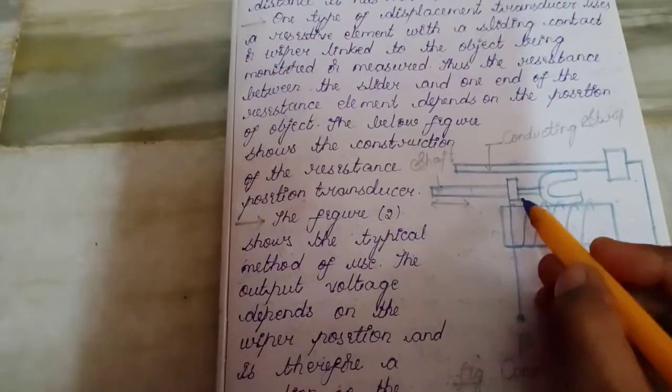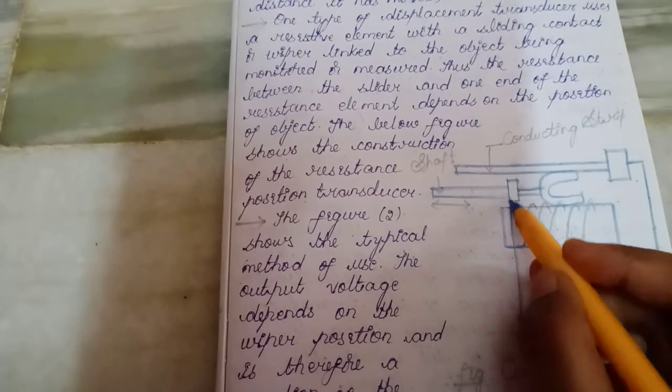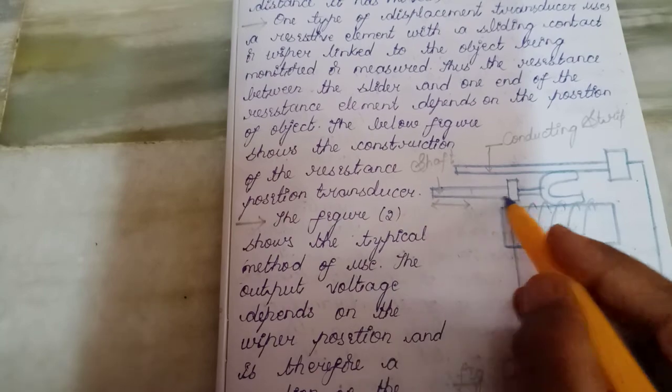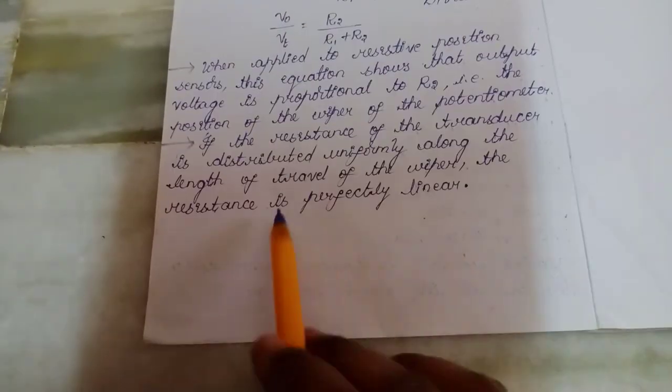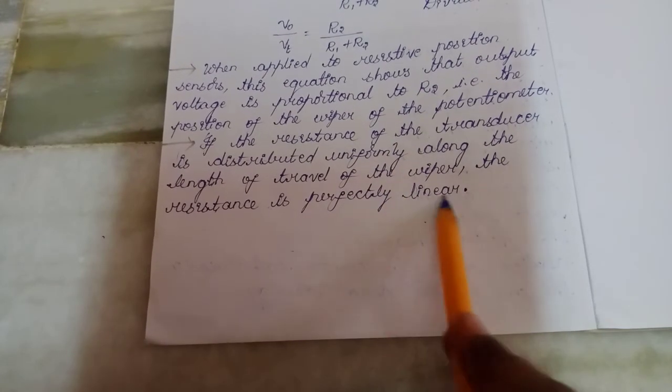This is the wiper and it moves like this. If the resistance is uniform along the length, then the resistance is perfectly linear.